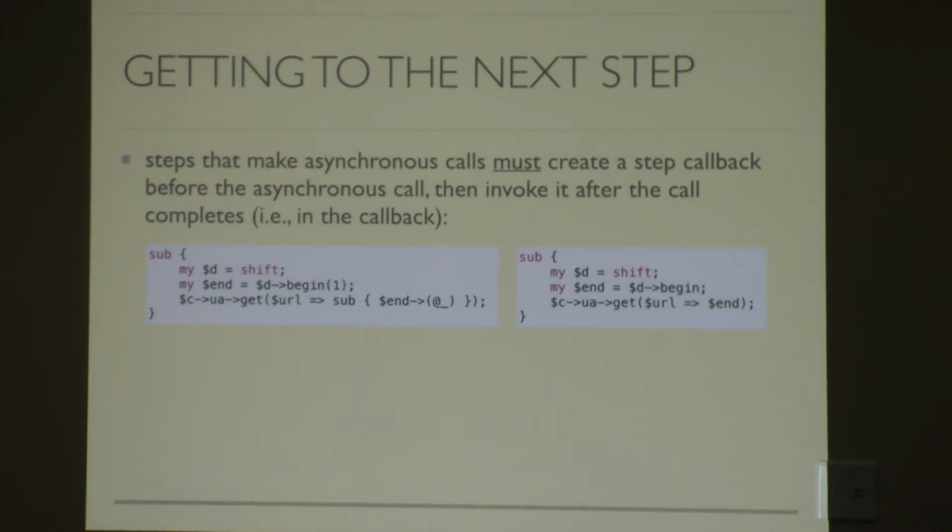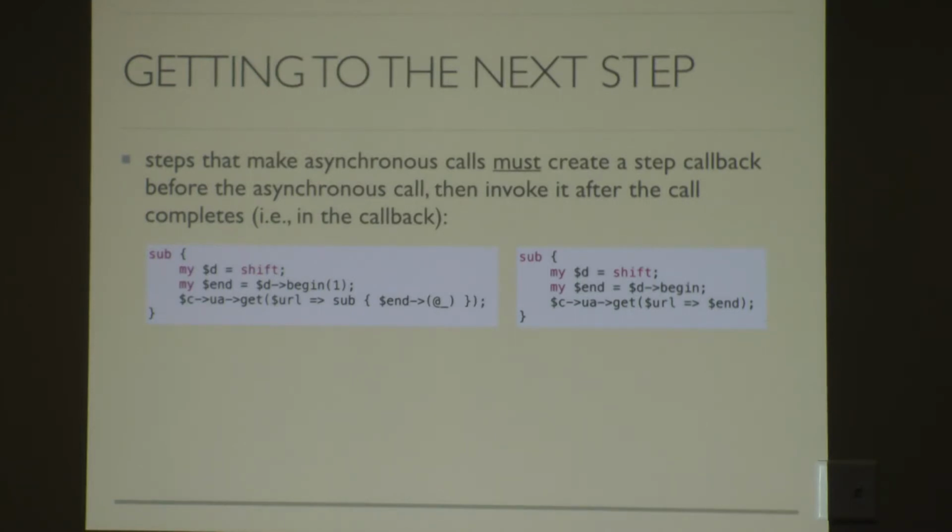So these two examples on the left and on the right are functionally identical. You might use the one on the top left if maybe you needed to munge those arguments before you pass them on to the next step, or something like that. On the right, you can see that we create our step callback, and we just pass that callback right in.